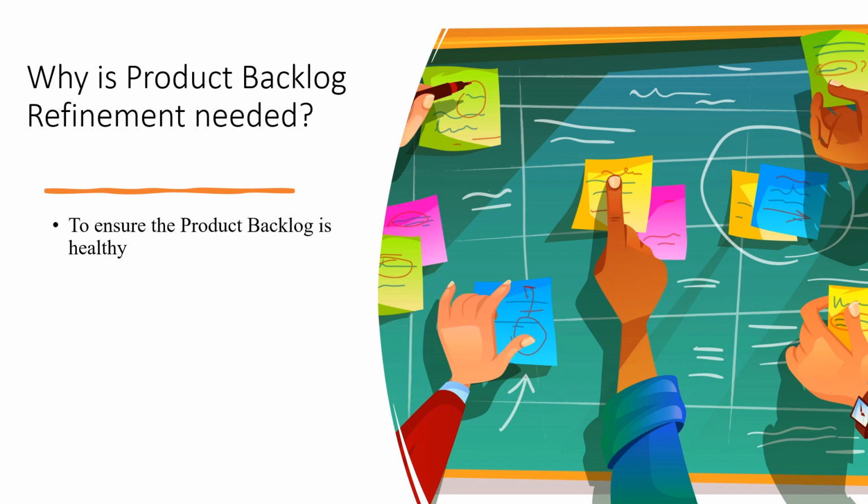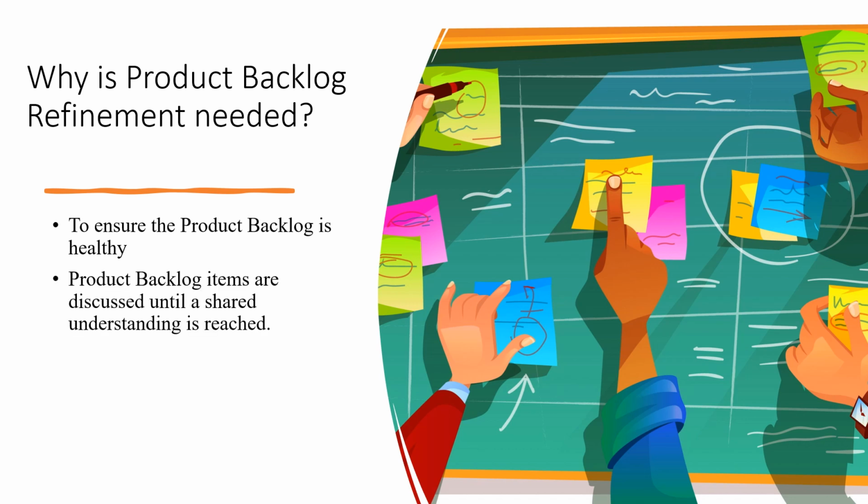In a healthy product backlog, the items that will occupy the development team for the upcoming sprint should be refined so that any one item can reasonably be done within the sprint time box. That is why we look to ensure the product backlog is healthy. Product backlog items are discussed until a shared understanding is reached.